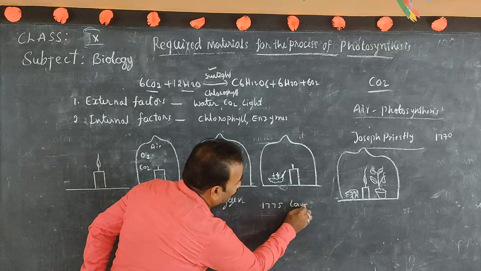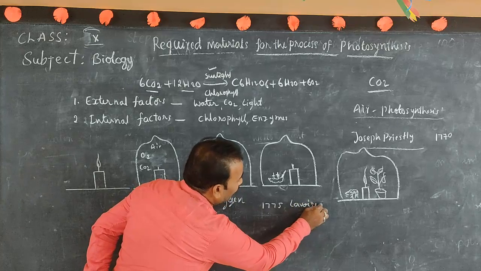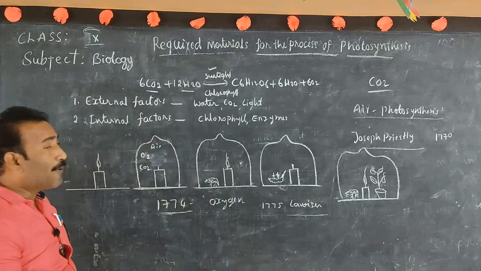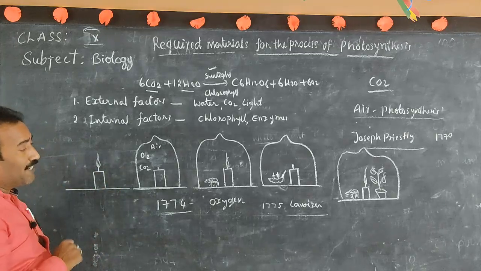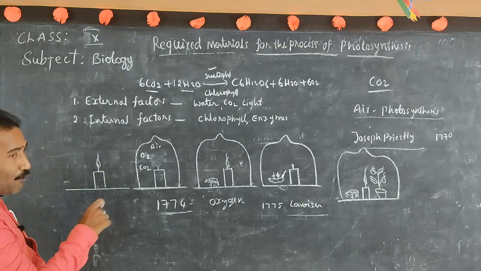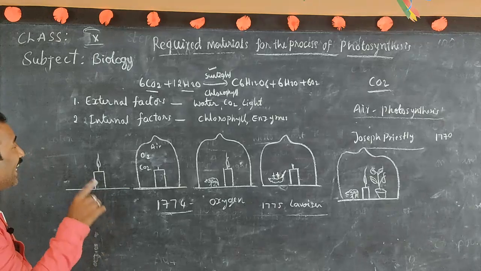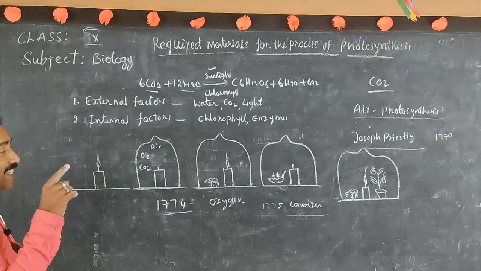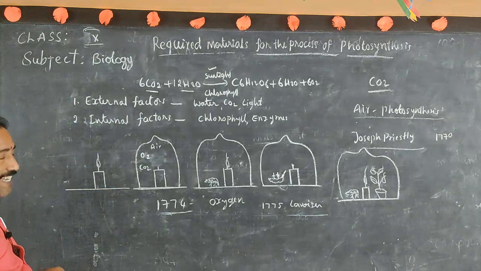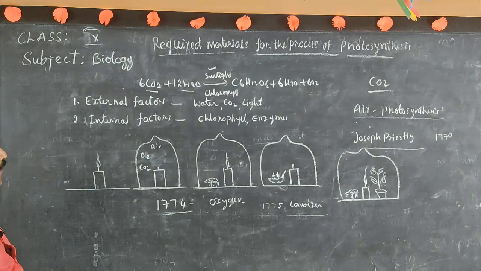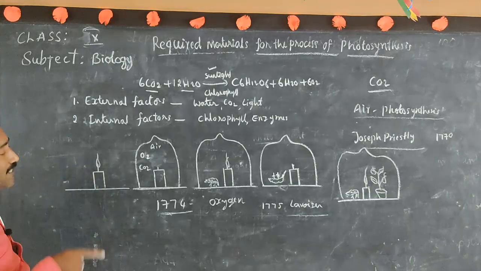Later, in the year 1775, Lavoisier studied the properties of oxygen, both physical and chemical properties, and he concluded that oxygen is an element. He also named the oxygen.